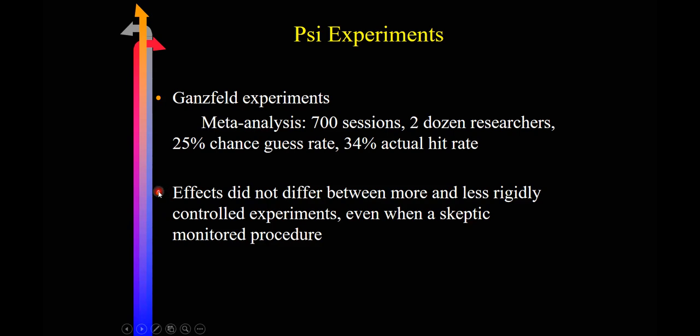What they found is that even when a skeptic monitored the procedures, they frequently got similar results. They also found that the more tightly controlled the experiment was, the better the quality, the greater the likelihood that they found an actual effect, as opposed to less well-controlled experiments. So that seemed to suggest that there was maybe something there.